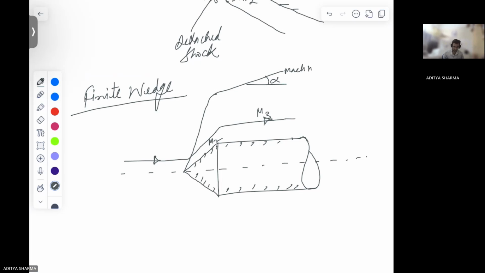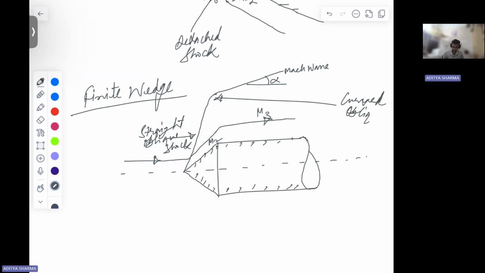This is a straight oblique shock, and this here is your curved oblique shock. So in actual, this happens here.